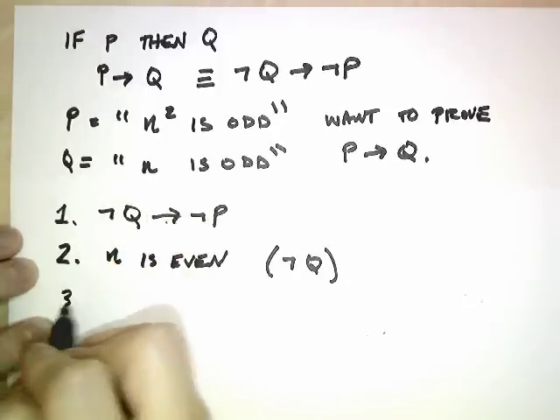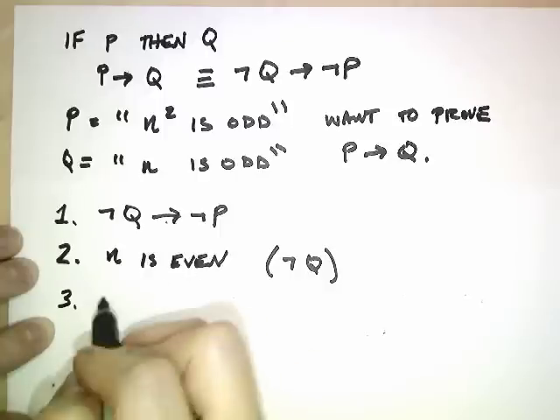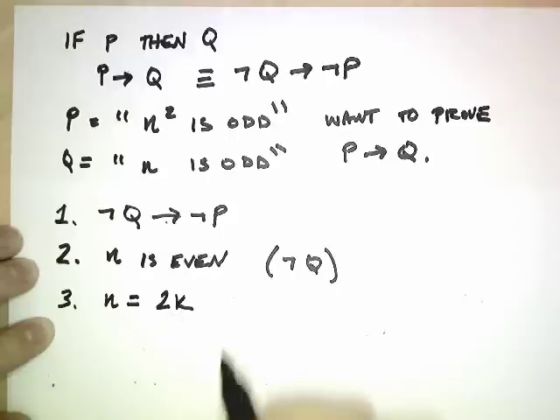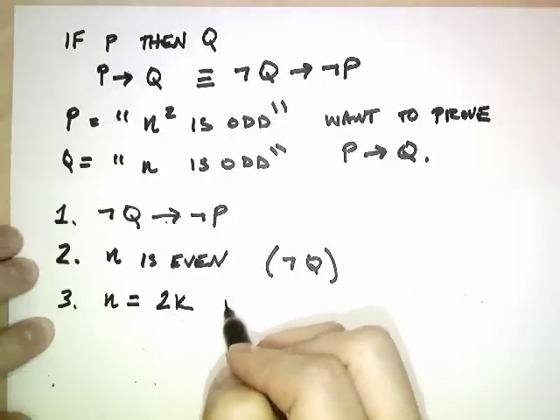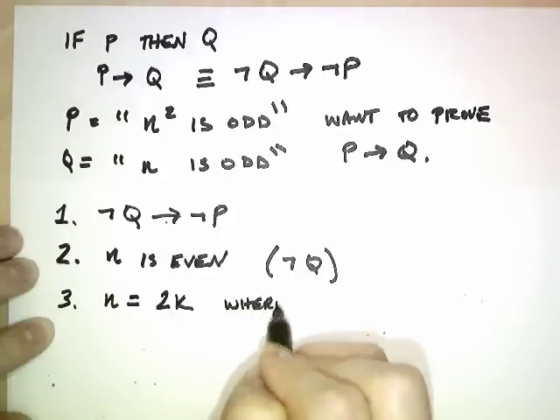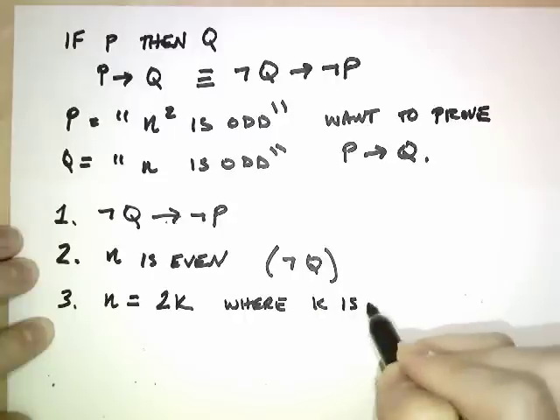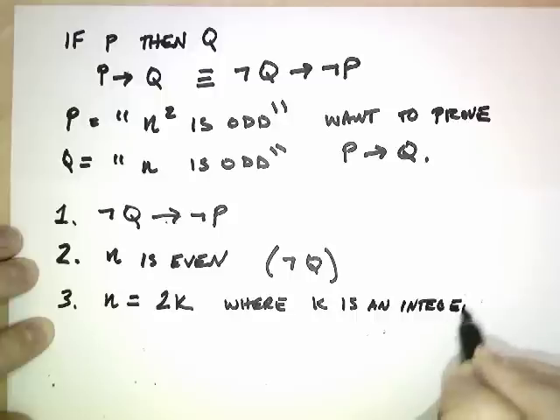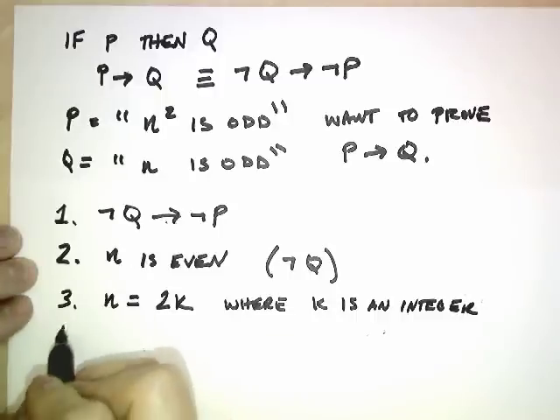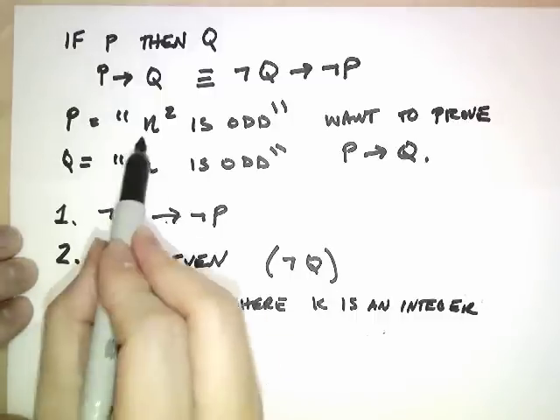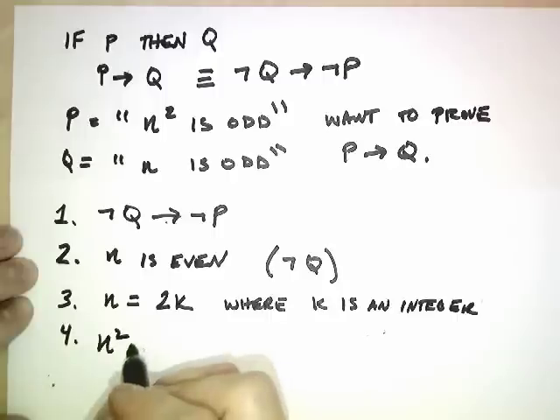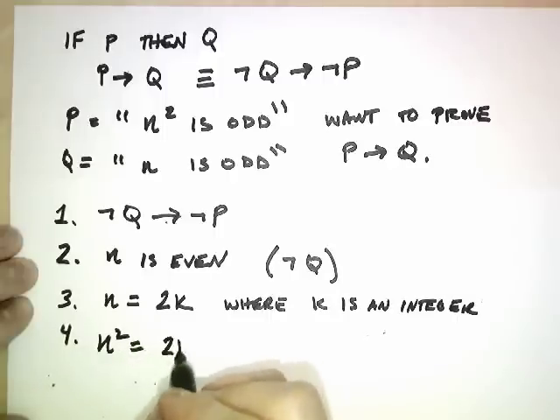Okay, so since we know n is even, n can be written in the form 2k, where k is an integer. Remember, we want to conclude that n squared is even, so let's square n. This is the same as squaring 2k.